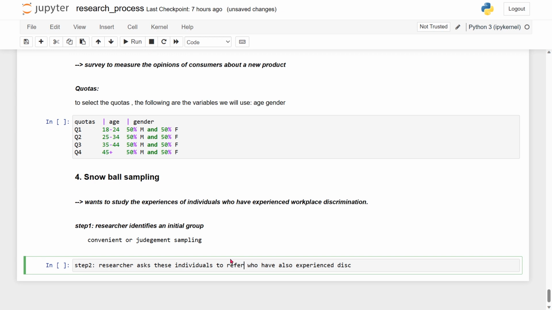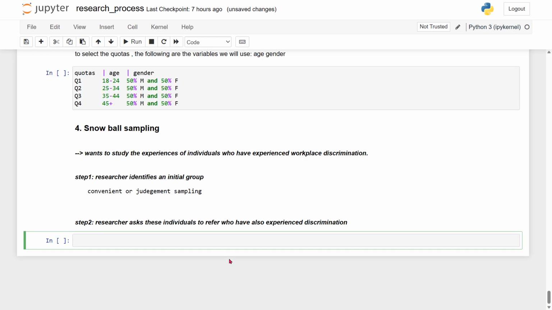The researcher then continues to recruit participants in this way until they have enough participants for the study.